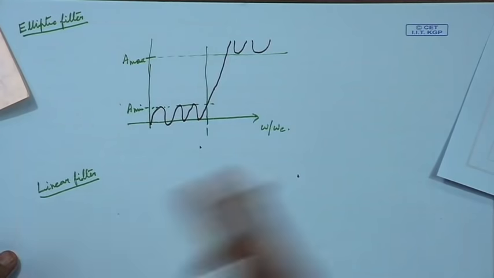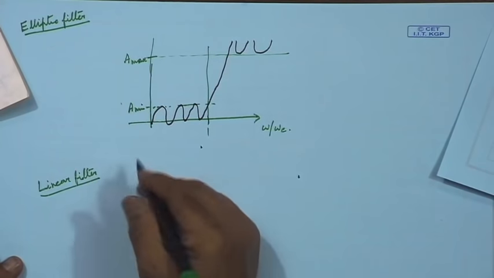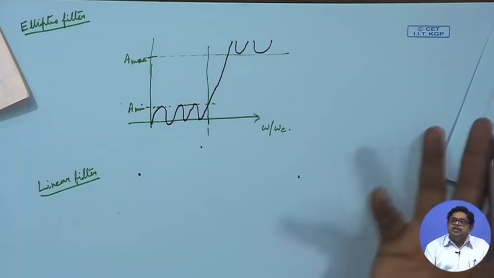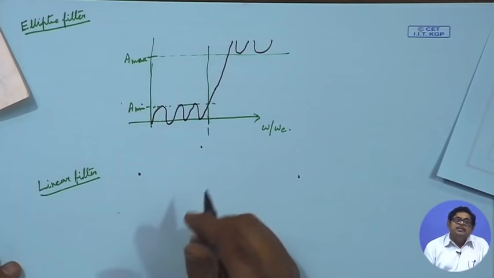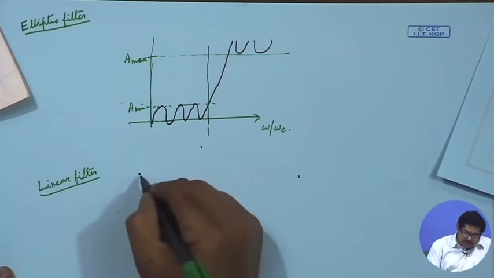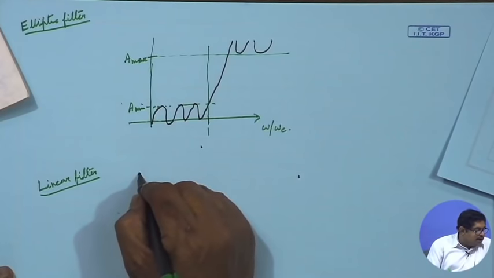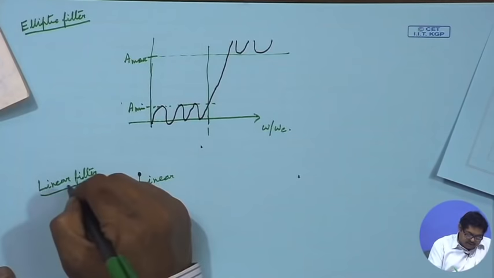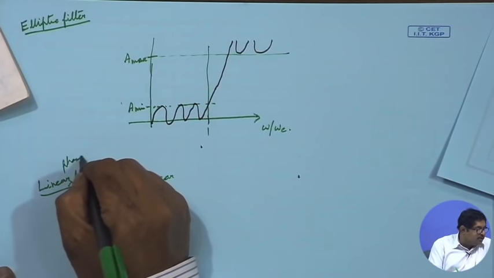So, you see these different frequencies, if they are attenuated differently, then there will be problem in the reconstruction. So, sometimes that means a linear system I want, the filter should also act as a linear system. Sometimes I can tolerate that, that is not a problem, but in some applications I cannot tolerate that. That time I want a linear phase filter.